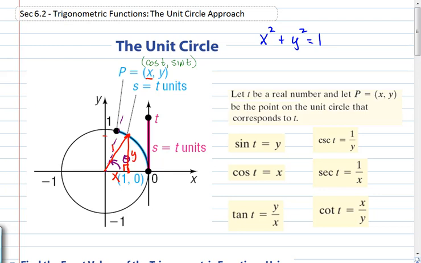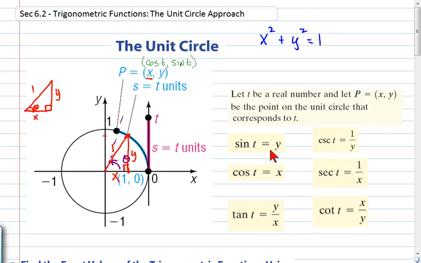So using right triangle trig, if this is your angle theta, and this is the adjacent side, the opposite side of the angle, and the radius, we have our right triangle property. Sine is opposite, which is y, over hypotenuse, which is 1. Y over 1 is y. Do you see the correlation between the right triangle trig and the unit circle?